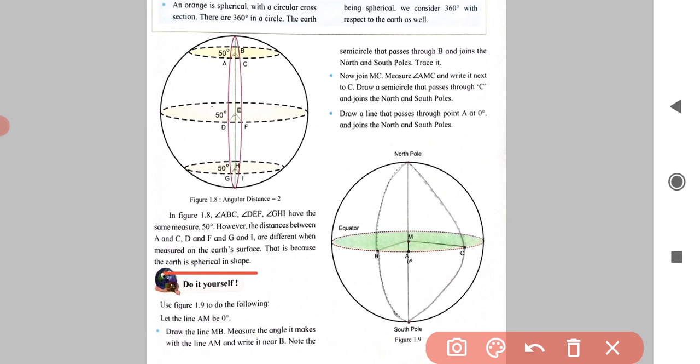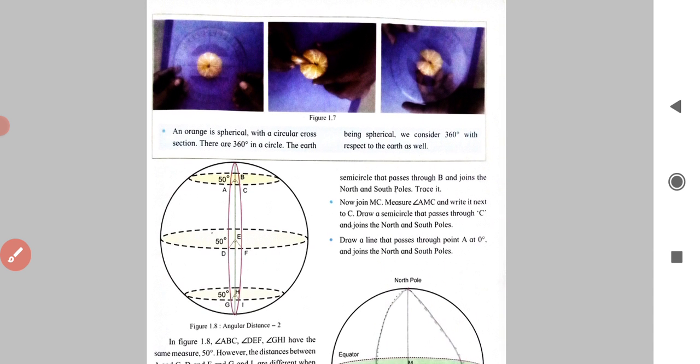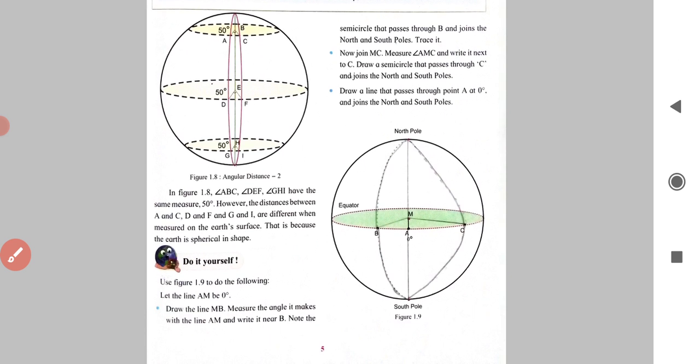Do it yourself. Use figure 1.9. Let line AM be 0 degree. This is AM. It is 0 degree. Draw the line MB.